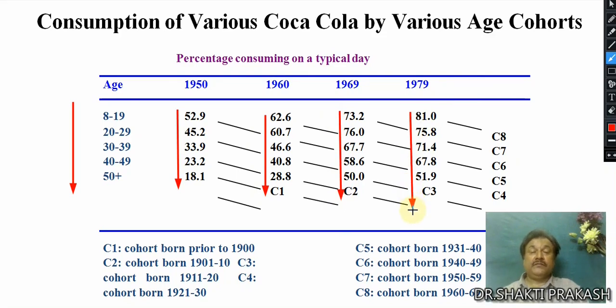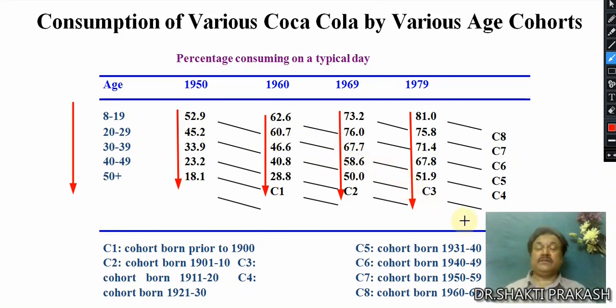But when we look at the 8 to 19 years persons from 1950 to 1960, the next decade, its consumption has increased. Then again its consumption has increased, and in the next decade its consumption has increased.